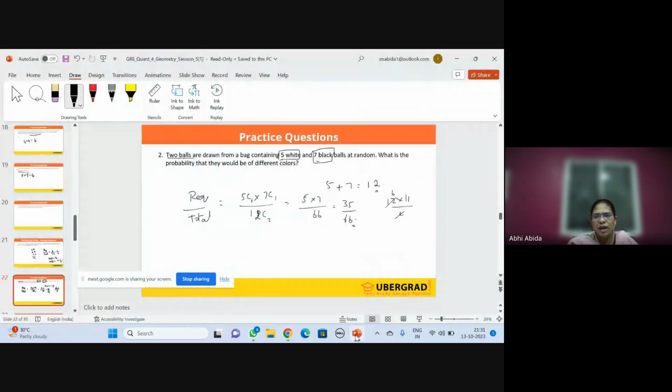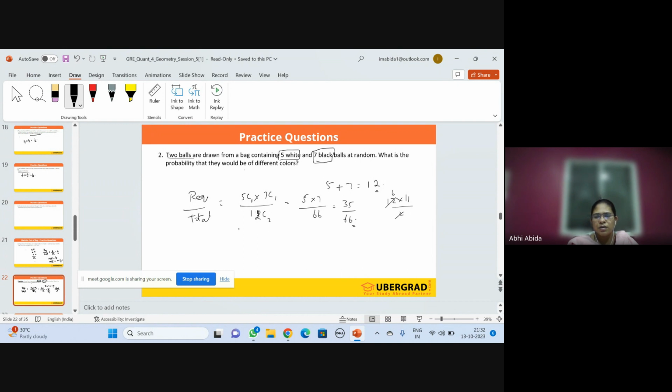We should not take one ball. No, if it is one, we will take 12. So it's 2 balls. We are drawing 2 balls at a time, and 2 balls should be of different colors. That's the reason we are taking the total from overall 12. Total will be 12 and 2 balls are to be drawn from 12, 12C2.